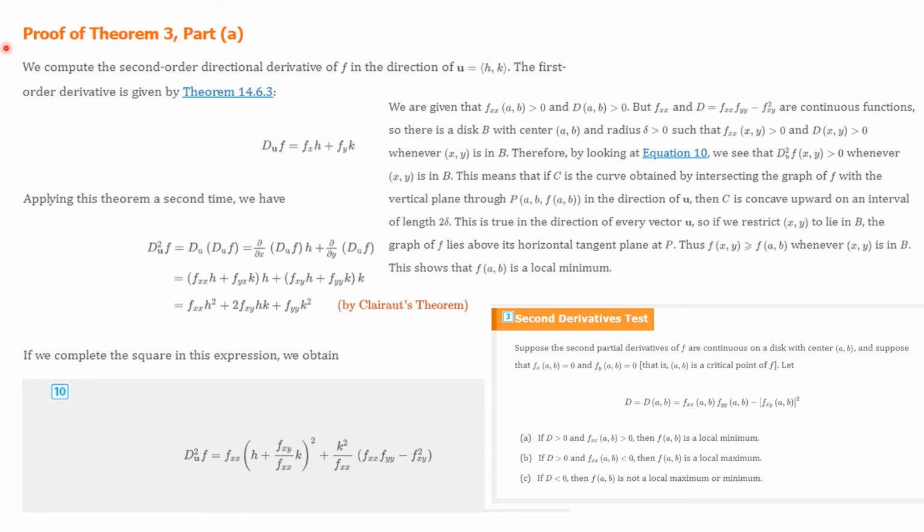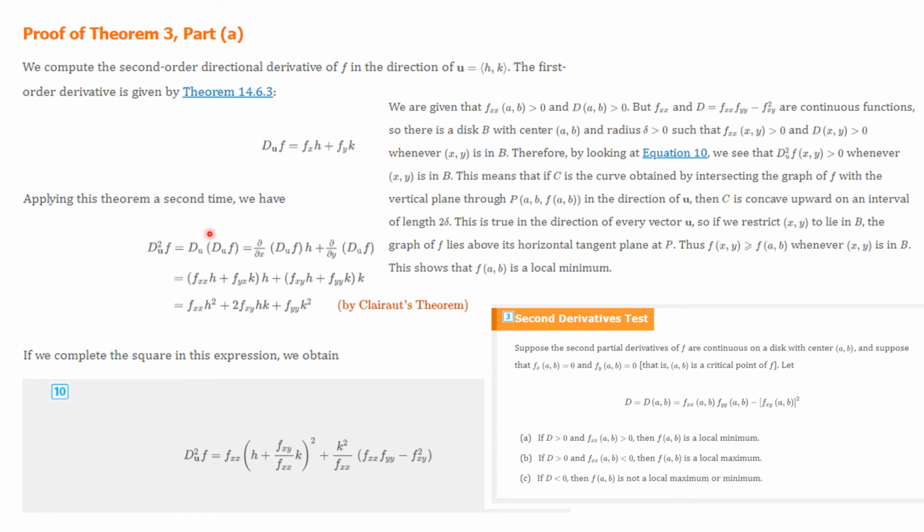Okay, so let's compute the second order partial derivatives in this direction, and this is a directional derivative. Now the first derivative is this, because we're taking it in the direction of (h,k), that means this is a unit vector, and that's just the dot product as we've learned earlier. But now we're going to take the derivative of this yet again in that direction.